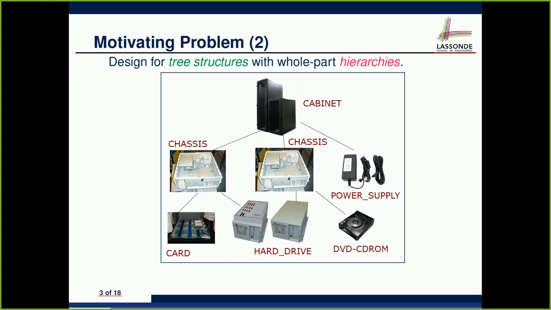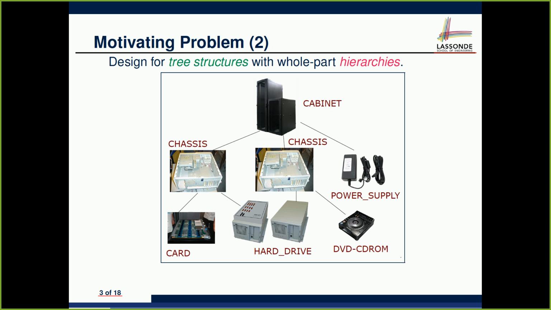Okay, apparently you can see it's a tree. It cannot be a graph because if you have a cycle in the graph, it wouldn't make any sense in reality. Okay, that's about the tree structure for this particular problem. So hopefully everybody understands what the problem is we want to support.